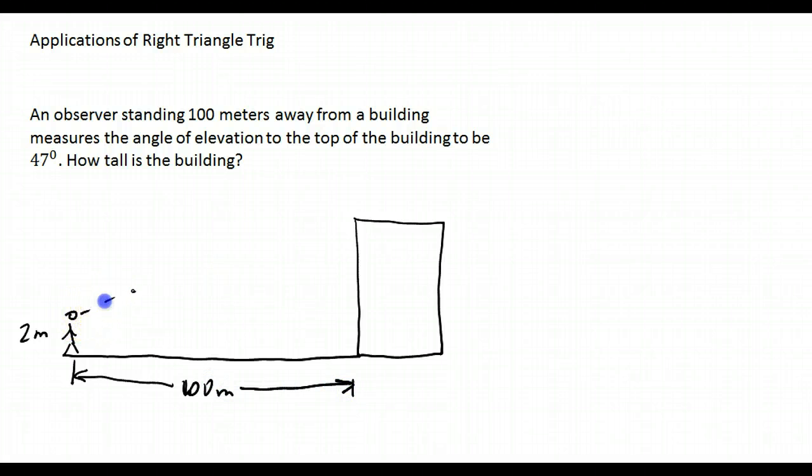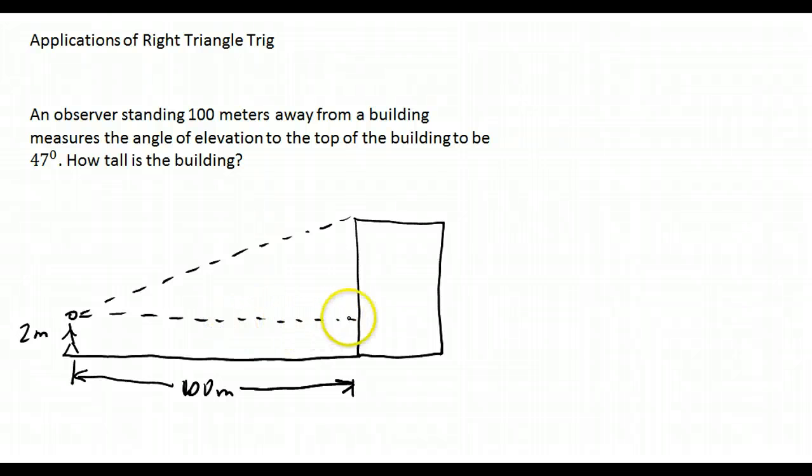And she sights up to the top of the building and measures what's called an angle of elevation. It's always measured from the horizontal. Okay, and that angle of elevation is 47 degrees. So we'll call that y. And there's 2.